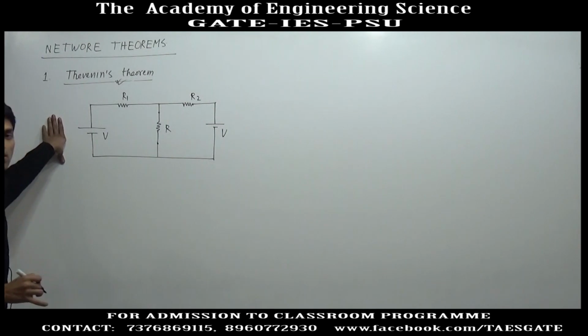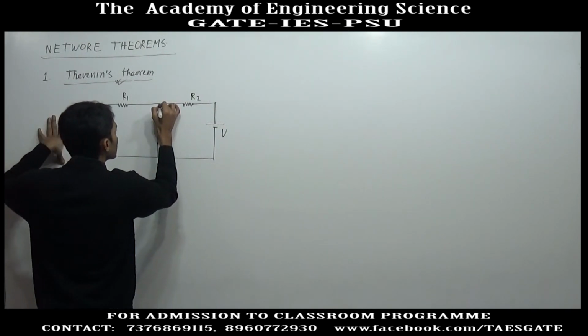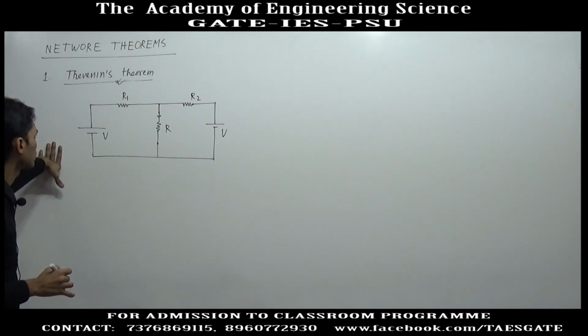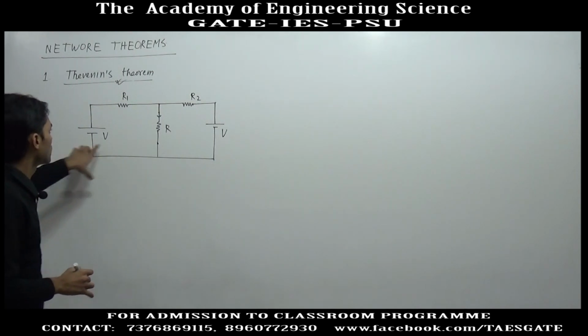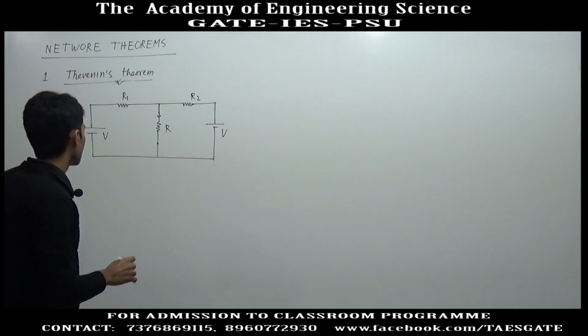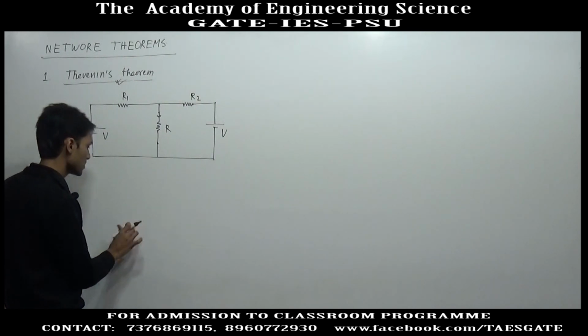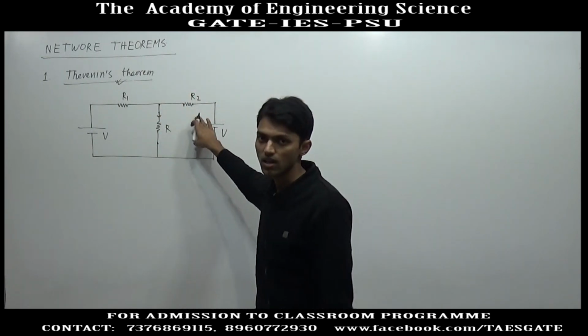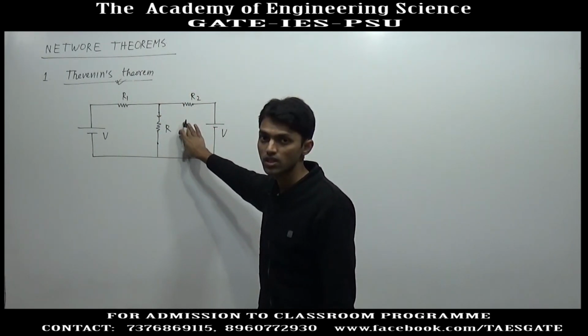In the circuit, suppose we need to find out the current through this resistance R. So, I am solving it. This can be solved with the help of nodal analysis also, but I want to show you the use of Thevenin theorem.